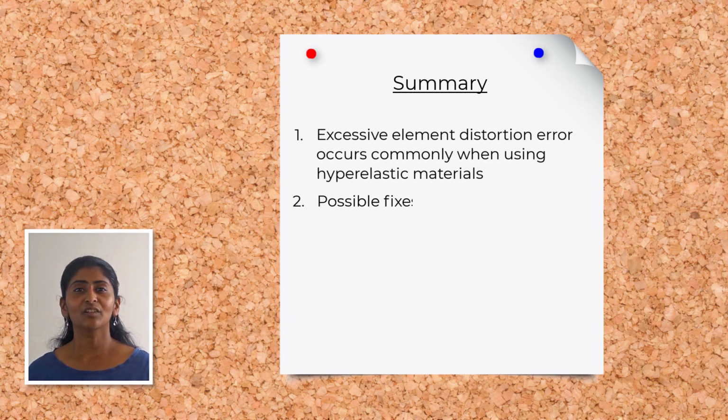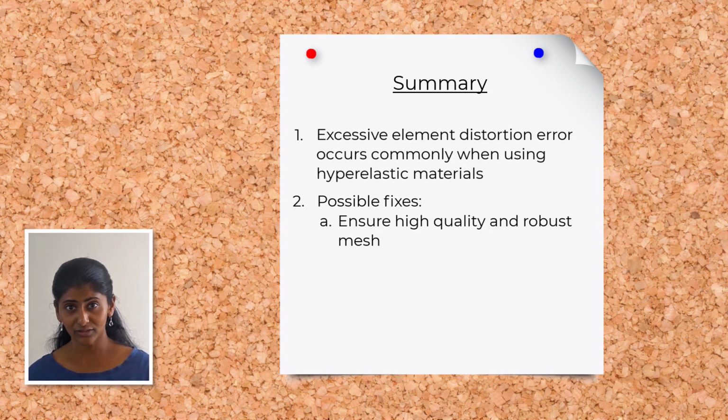In order to overcome this error, we need to ensure two things. One, that the mesh quality is good, which may include using elements less susceptible to distortion, using a mesh with appropriately shaped elements, or applying the loads in smaller increments.